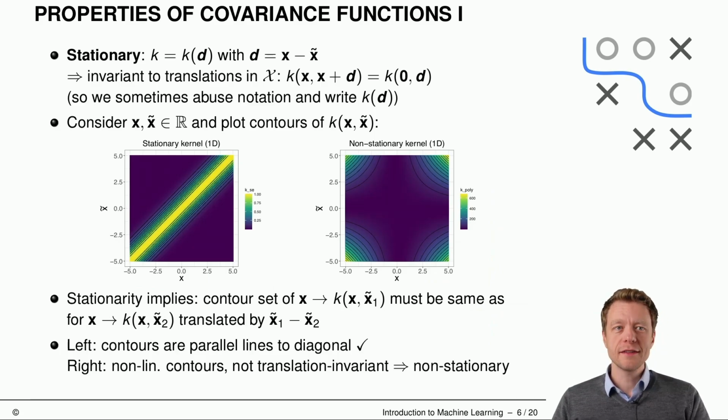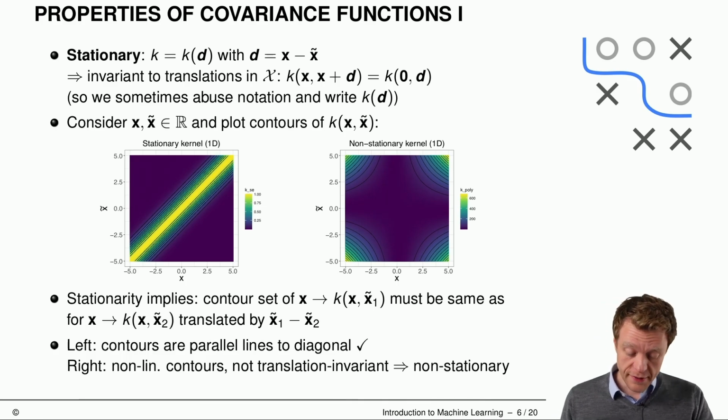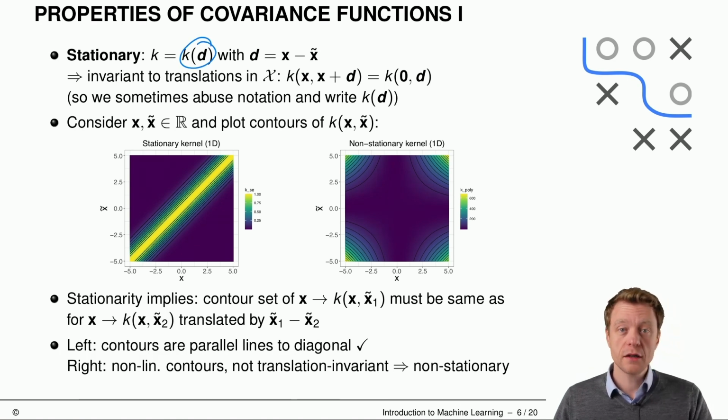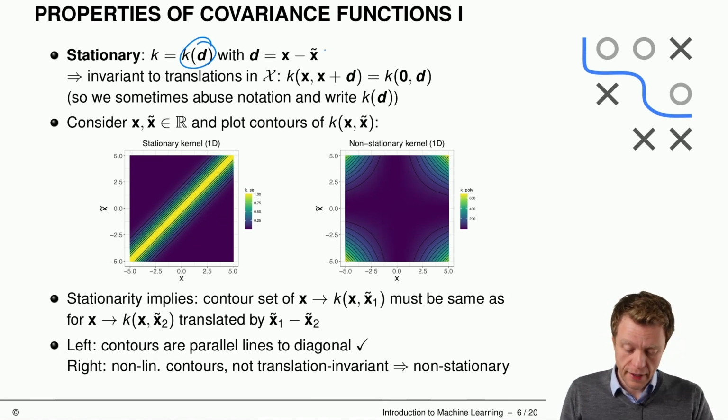So I already teased that we have some different properties of covariance functions. Stationarity is the first property, and I want to explain this a little bit more in detail here. We already said that it's stationary if we can write the covariance function as a function of the difference of x and x tilde, and that remains correct.